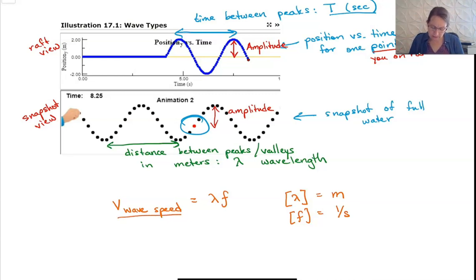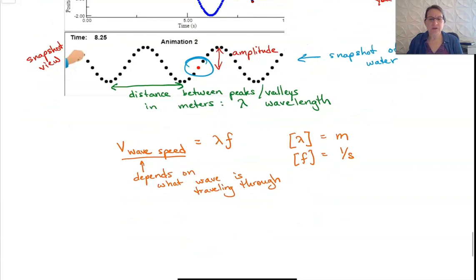And the wave speed depends on the material. Depends on what the wave is traveling through. And so if it's traveling through a slinky, that depends on the stretch of the slinky, as it turns out. If it's traveling through water, it depends on the properties of the water.